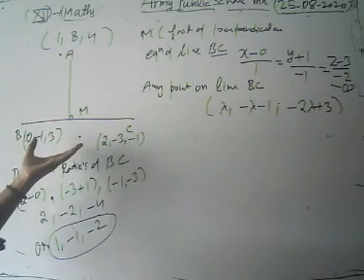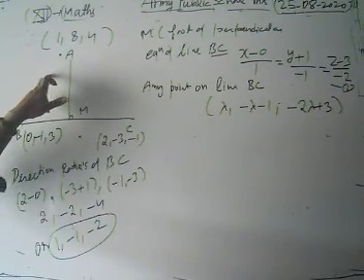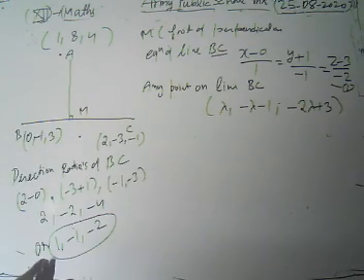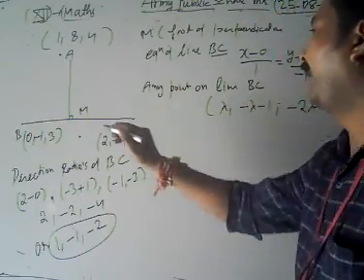So the sum of the products of the direction ratios of AM and BC must be equal to 0. Using this concept, first we find the direction ratios.